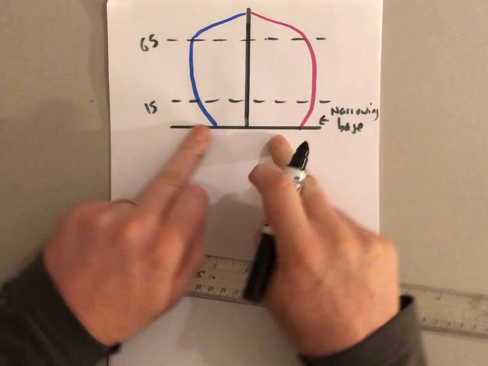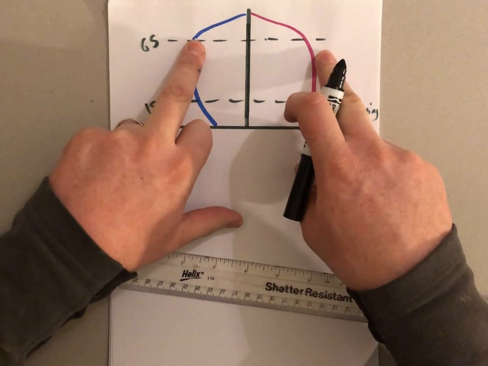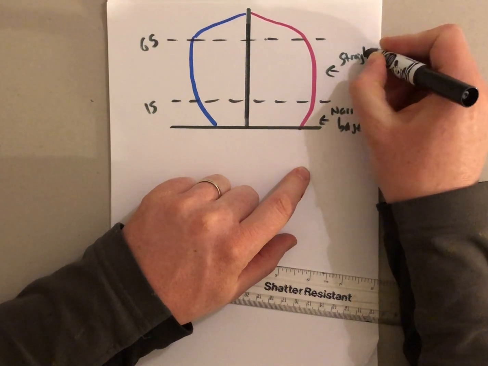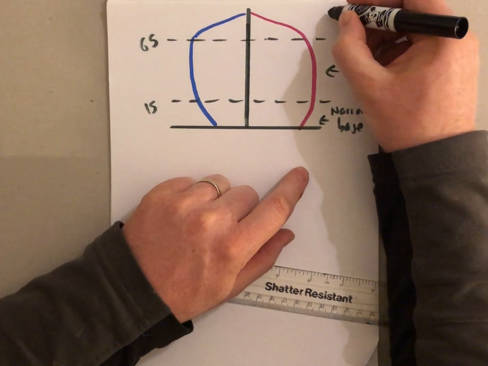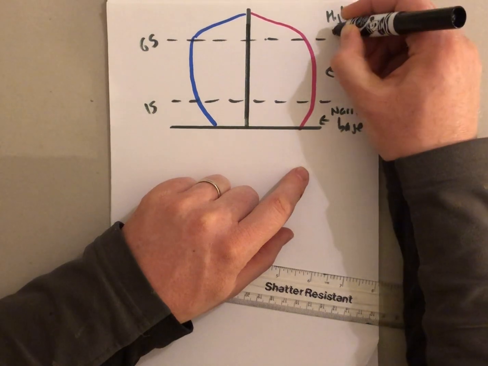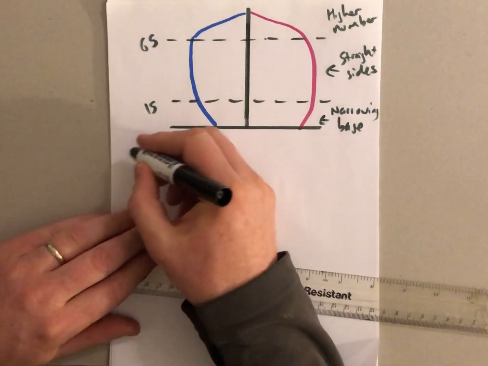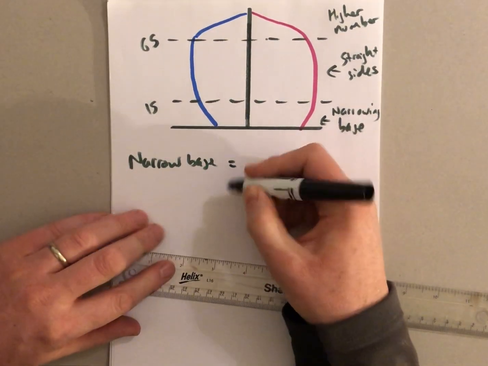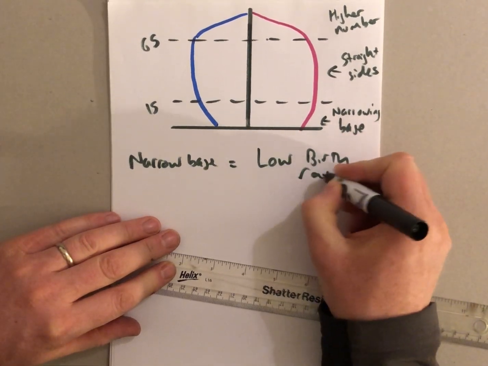So what we can see with a narrowing base is that clearly the bottom of this graph is showing that it's narrow compared to what's above it. We can see that it's got generally straight sides, and that this time we've got a higher number of people aged over 65. So a narrow base is explaining to us that this country has a low birth rate.